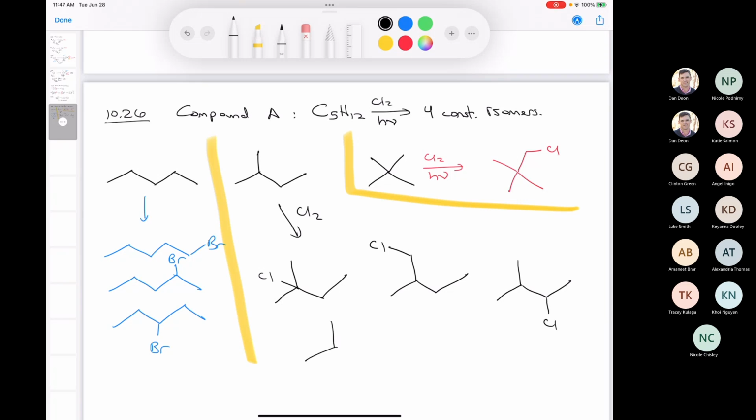And you could also put it at the very end, like this. So we end up with 4 constitutional isomers. Therefore, compound A is 2-methylbutane. 2-methylbutane is compound A. Is everybody with me on that?